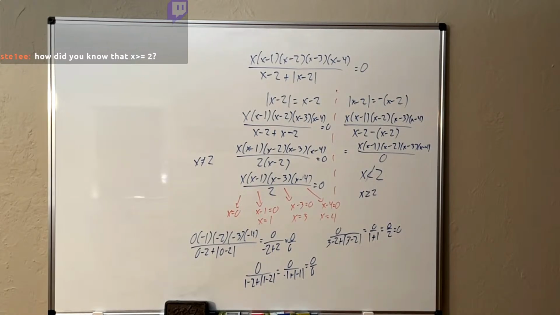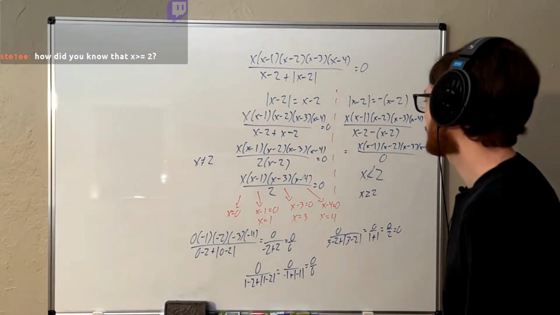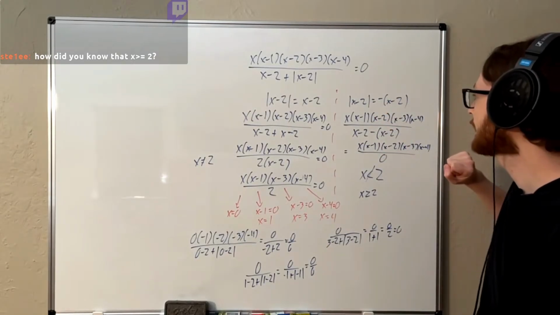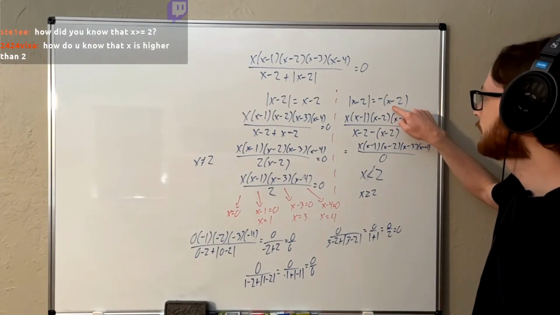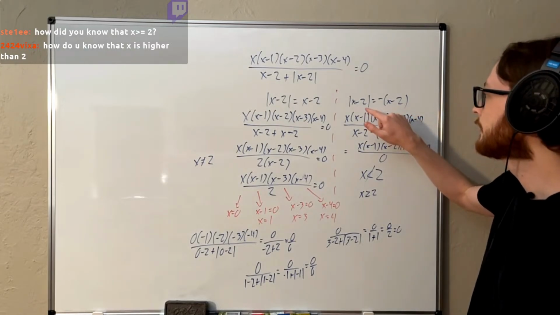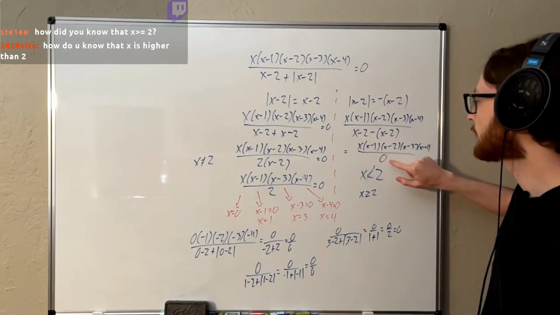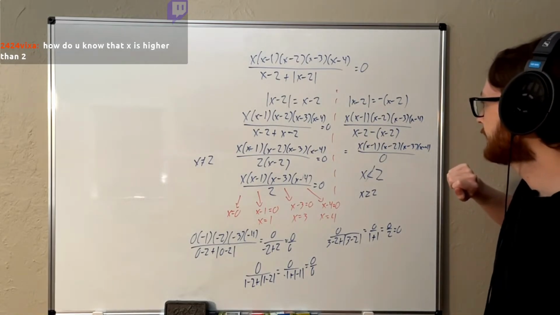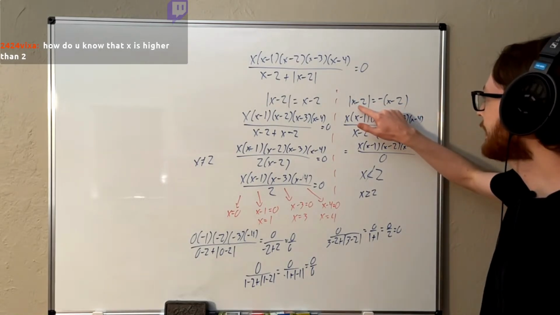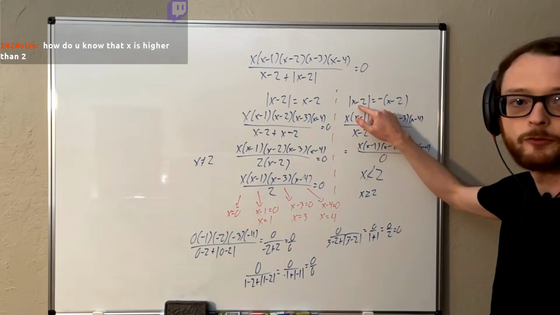How do you know that x has to be greater than or equal to 2? It's because from this bit on the right here, we know that a negative result from the absolute value is bad. You're always going to be dividing by 0. And this thing is a negative number when x is less than 2.